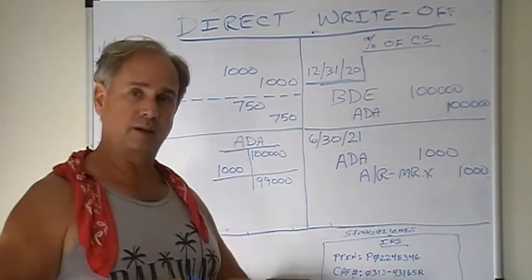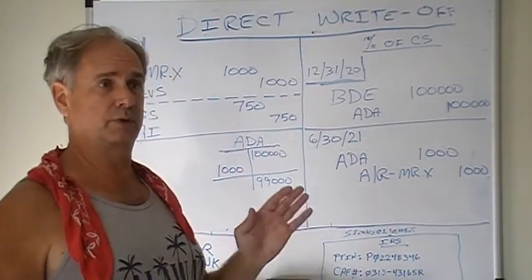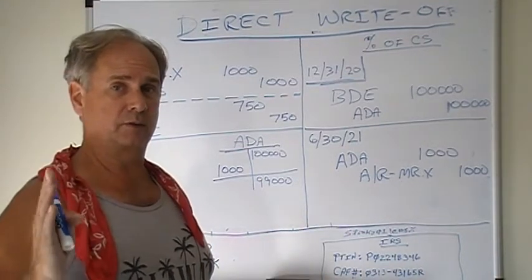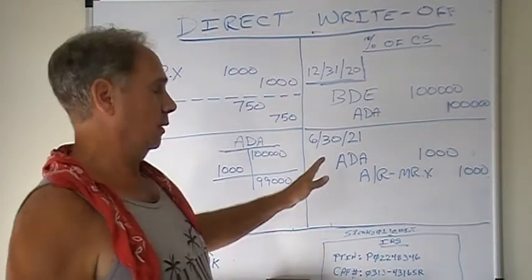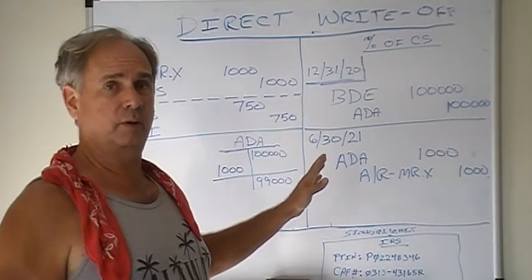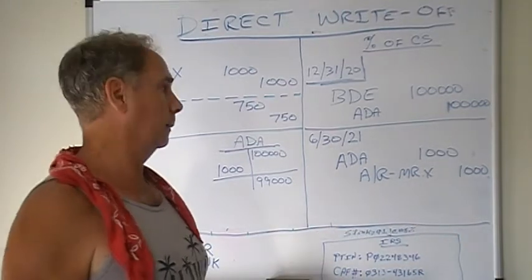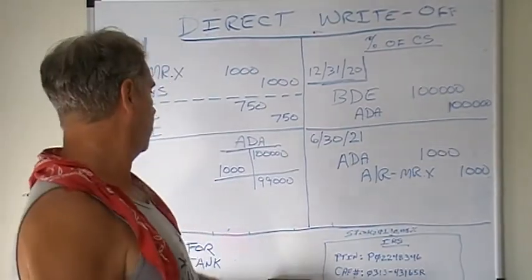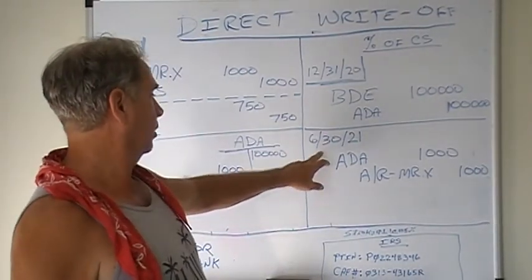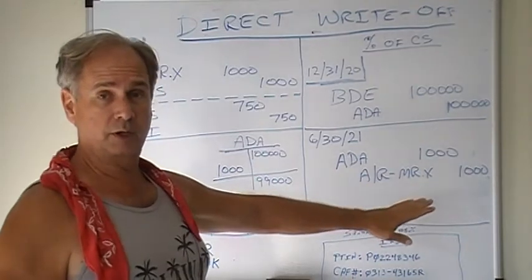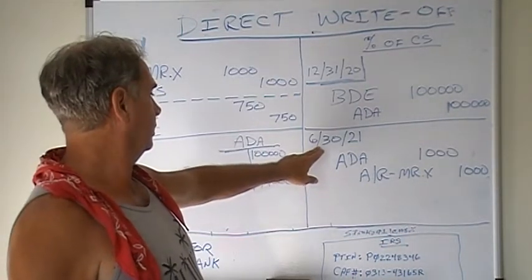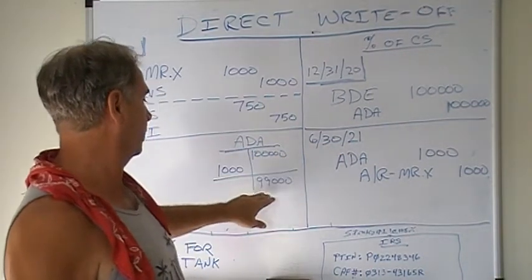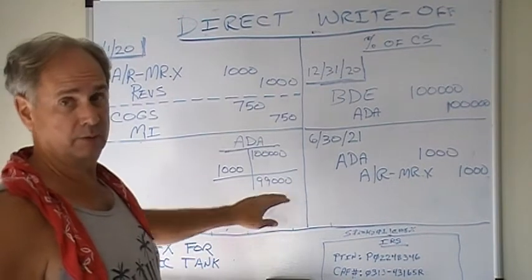Now, this is where things diverge between the percentage of credit sales methodology and the percentage of accounts receivable. In the percentage of credit sales methodology, which we've just gone through, I do this over and over and over again every year. Okay, so at the end of, assuming there are no further adjustments, December of 2021, I've got a balance of $99,000 in my allowance for doubtful accounts.